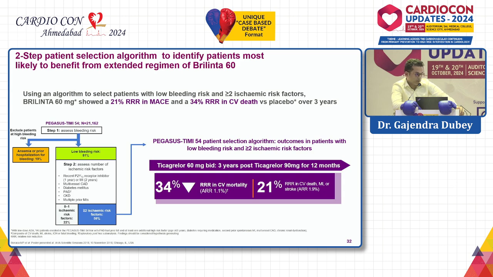If we go to the second step, first of all, we should look at our ischemic risk and then assess the bleeding risk also. If the patient is low bleeding risk, that is very important, then only we should consider extension of DAPT or even addition of rivaroxaban, I would say. And in patients who were low bleeding risk and had more than 2 ischemic risk factors, ticagrelor 60 mg BD for 3 years showed 34% relative risk reduction in CV mortality, and 21% relative risk reduction in CV death, MI or stroke.